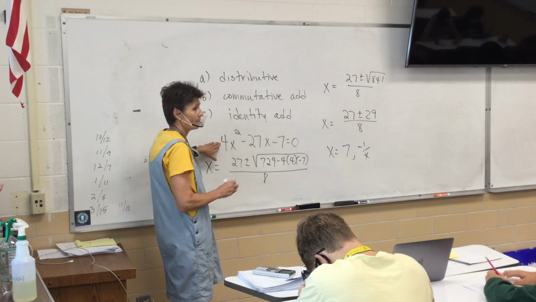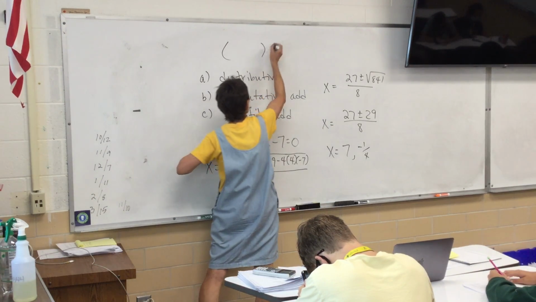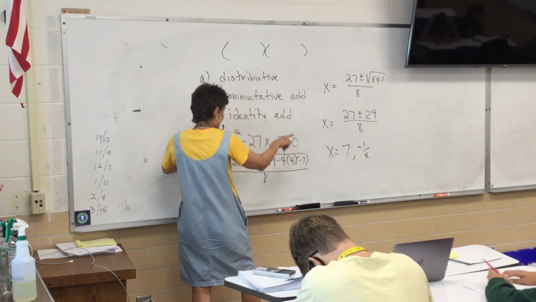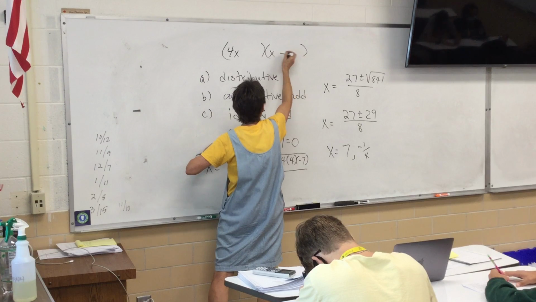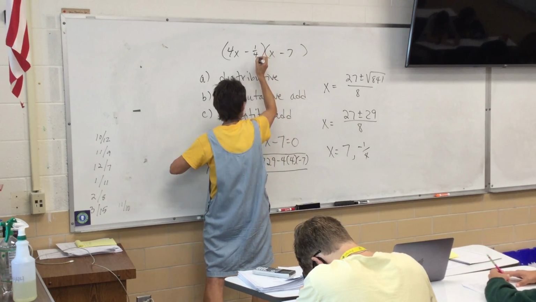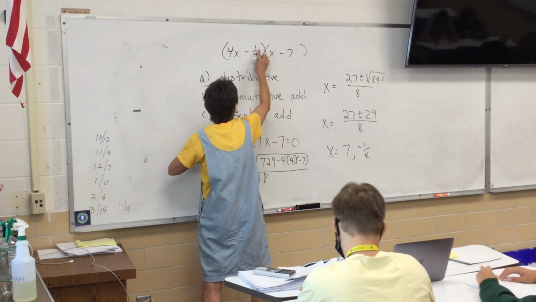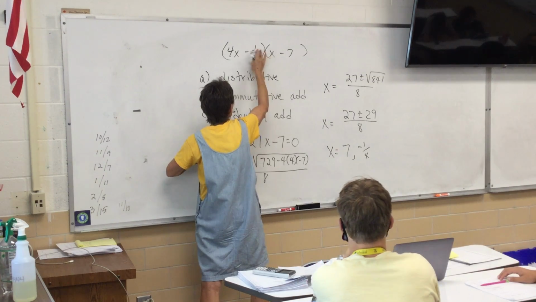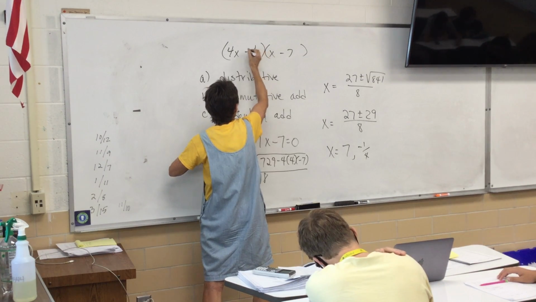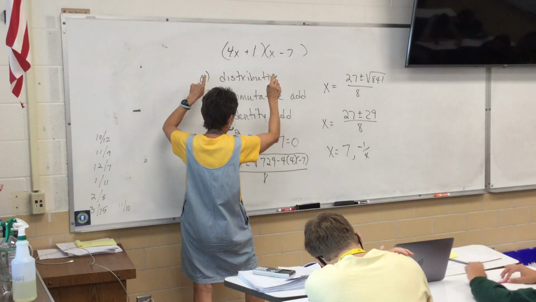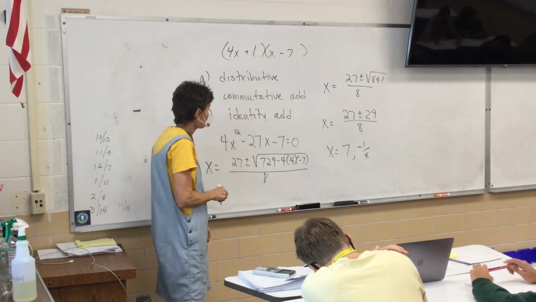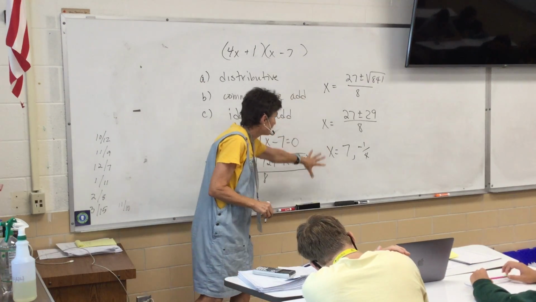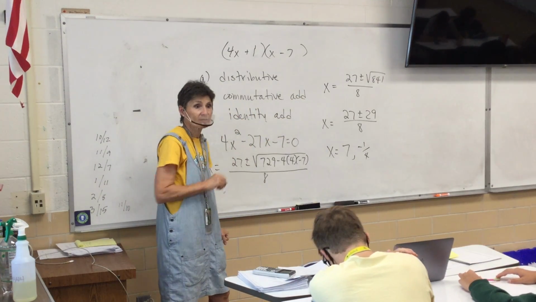This problem actually factors. When I get answers like that, I know that it factors. Oh, no, that's not the nice one. Yeah, so it factors like that, but this is fine. Working it out with the quadratic formula is fine.